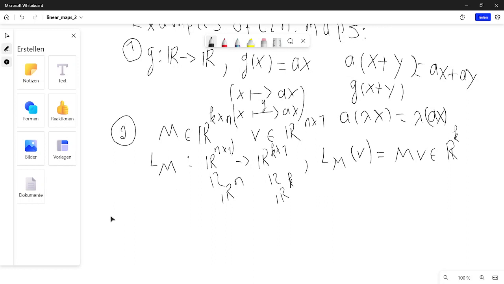Right, what else could I give you as an example of a linear map? Well, all right, let's do something fun.